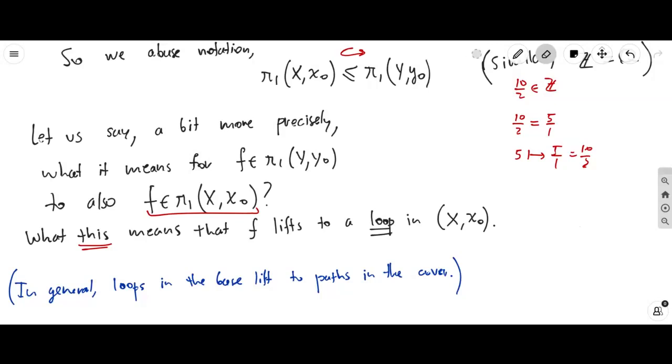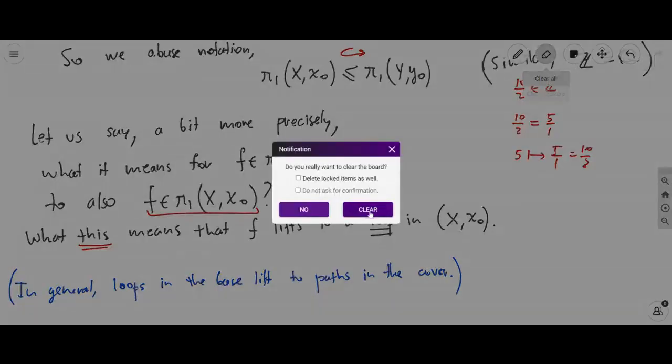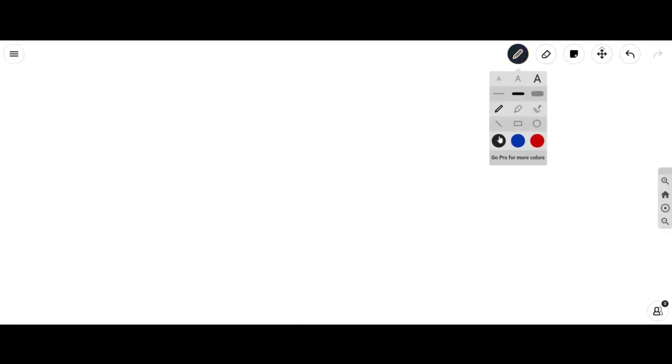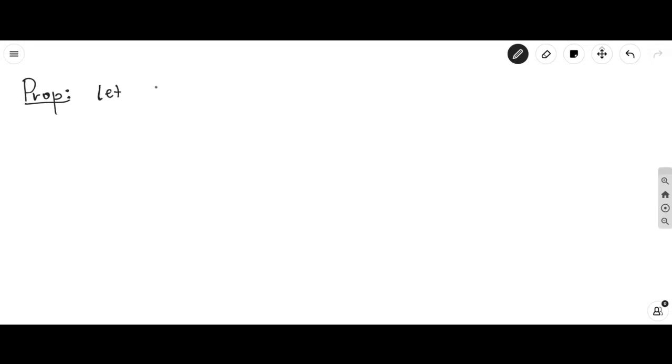Okay, so we have this, and I wanted to mention something quite interesting. Let's write this down as a proposition. Let pi from x0 to y0 be a covering.